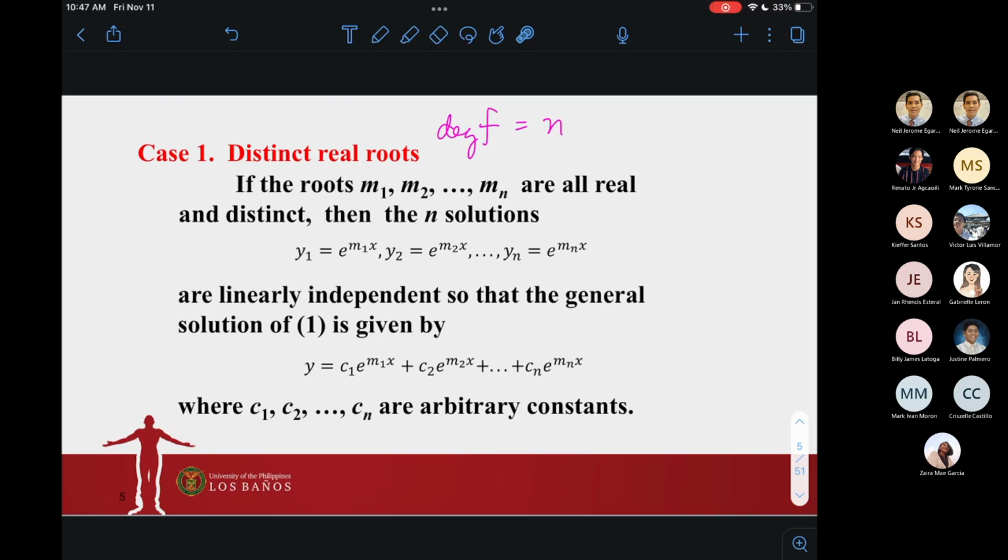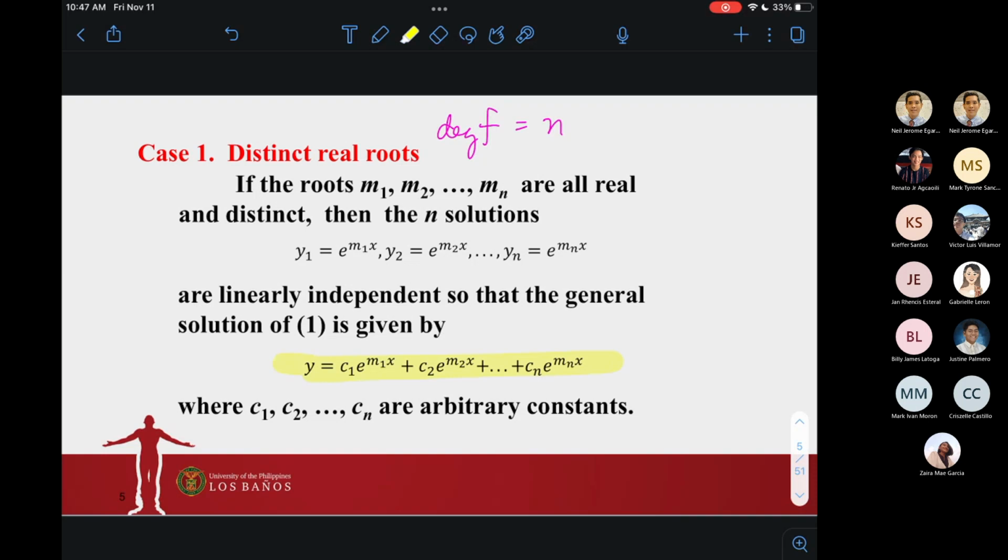So no need to check the Wronskian. If you found the roots of f, and you notice na, oops, sila ay iba-ibang mga real numbers, then the solutions e to the root times x, lahat sila ay linearly independent. At dahil linearly independent sila, ang general solution ay yung linear combination nilang lahat.